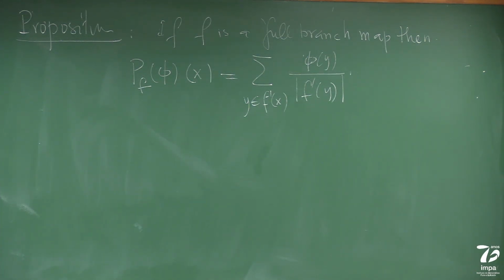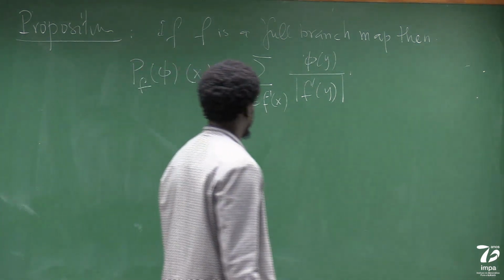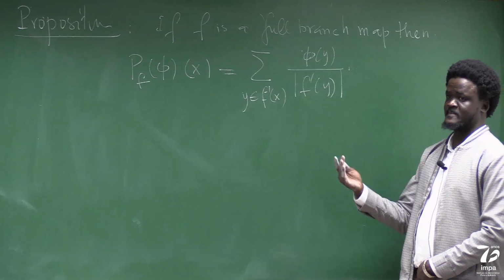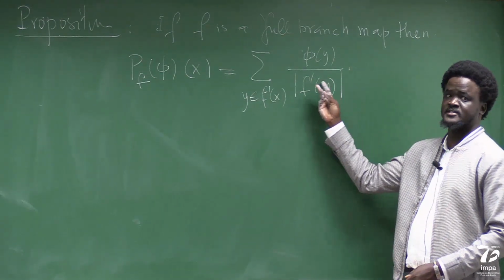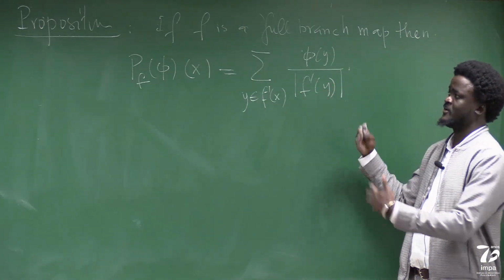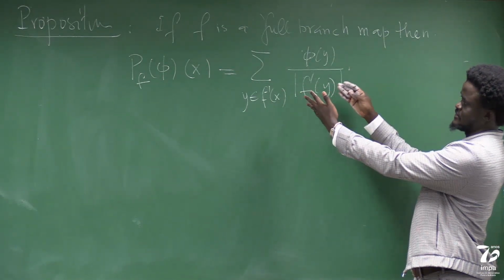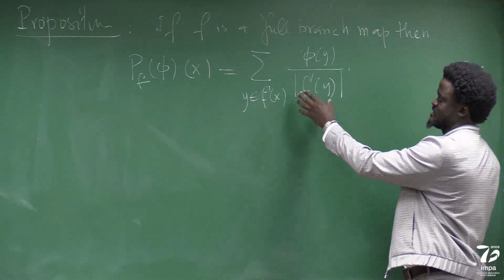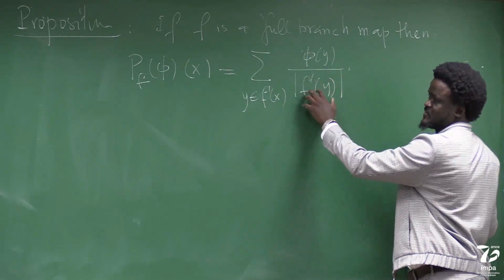See, this expression is very interesting and is intuitively telling you that whenever you have an expanding map, meaning the derivative is bigger than 1, you are hoping to see a contraction here. You're dividing by something less than 1.